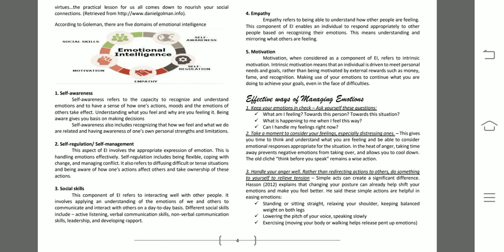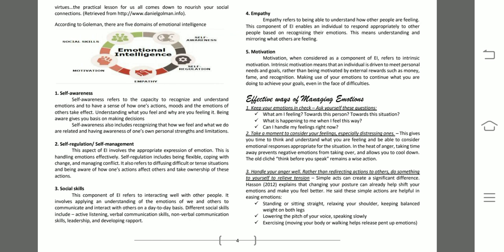Sumunod naman, number 2 is self-regulation or what we call self-management. This aspect of EI involves the appropriate expression of your emotion. Ito yung tamang pag-handle sa emotions mo effectively, yung bang kahit nagagalit ka na, nakukuha mo pang ngumiti. Di ba? That is self-management na tinatawag.